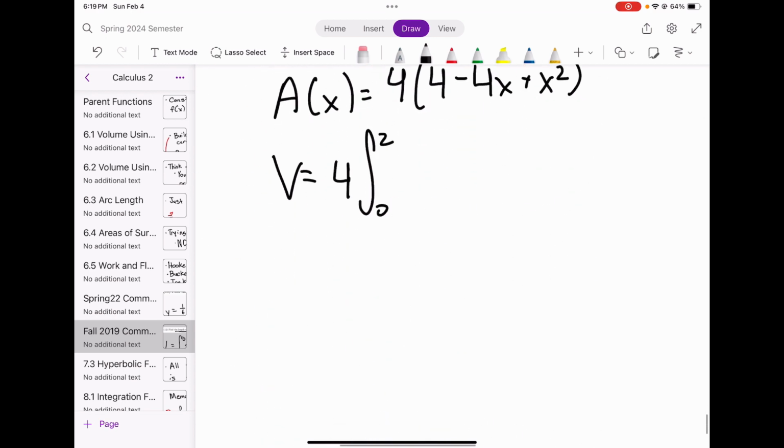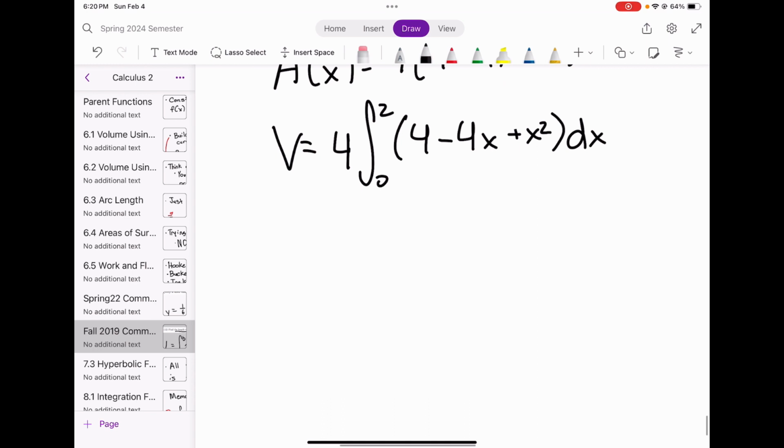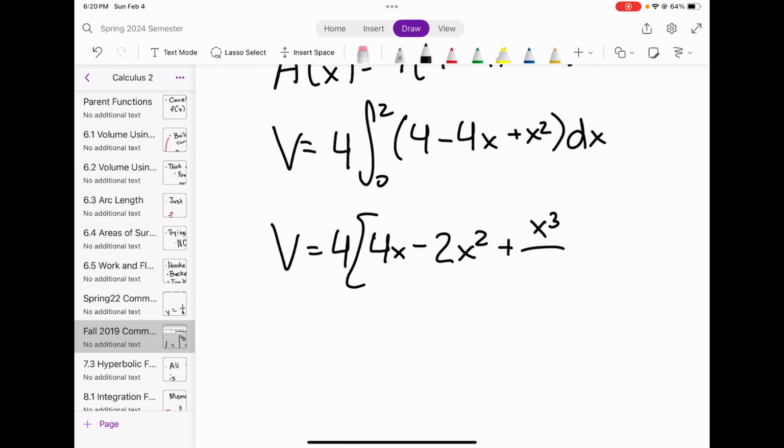So you get 0 to 2 of 4 minus 4x plus x squared dx. V is equal to 4, and then let's just solve. We've got 4x minus 2x squared plus x cubed over 3, evaluated between 2 and 0.